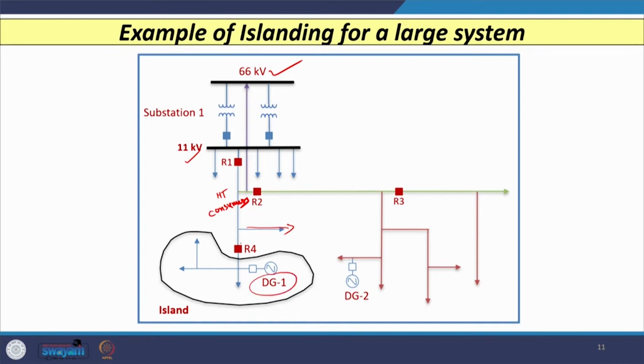By opening this switch, an island is formed. Here you can see that these loads are supplied locally by DG1. In the same way you can have an island somewhere here also, where several local loads are supplied by DG2.